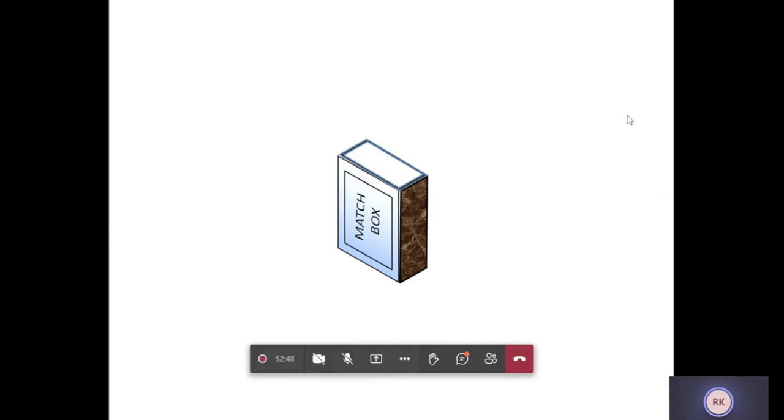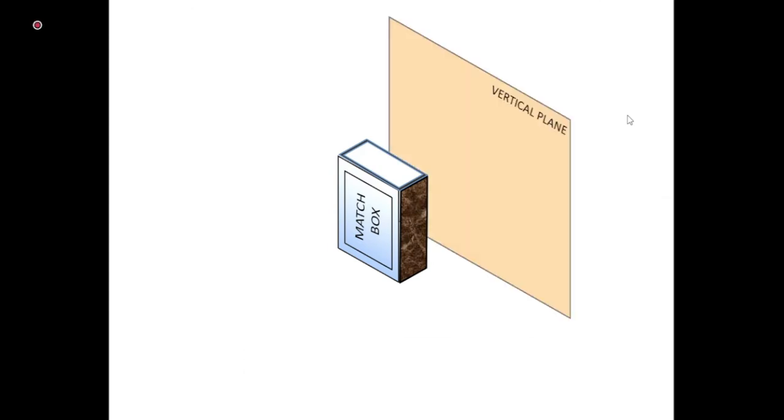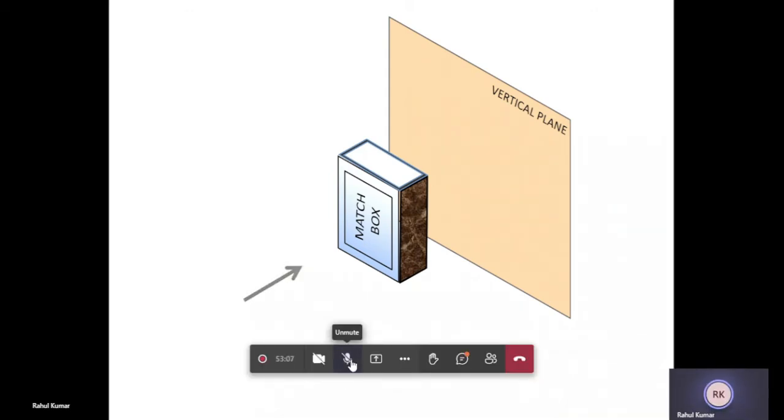This is the vertical plane behind the object. I am looking from this side where the arrow indicates. What shape am I going to get on the vertical plane? Rectangular. Yes, it will be a rectangle.